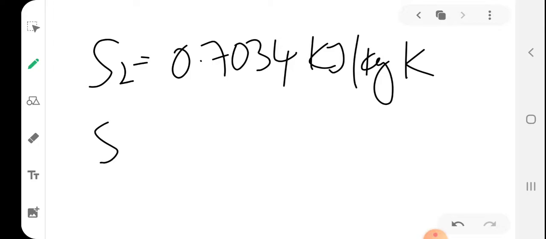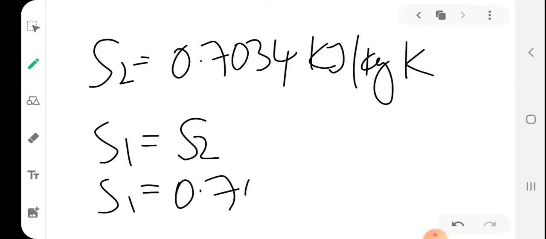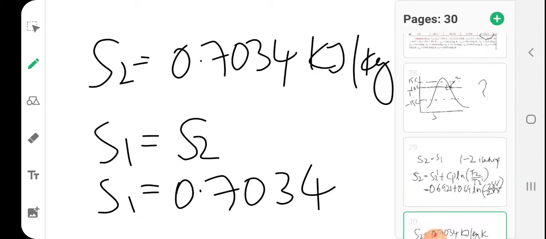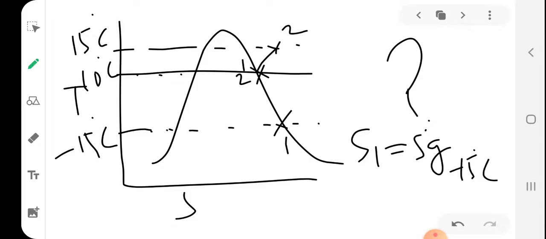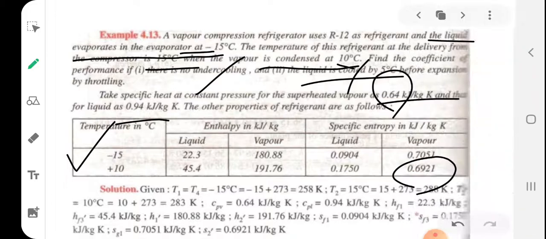And S1 should be equal to S2. Therefore, S1 is also equal to 0.7034. But students, if 1 was on this particular saturated vapor line, then S1 would be equal to Sg corresponding to -15 degrees Celsius. Sg corresponding to -15 degrees Celsius is 0.7051.